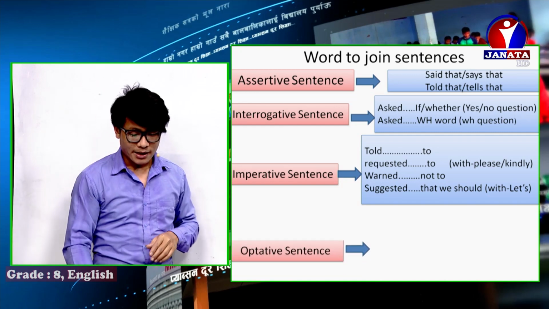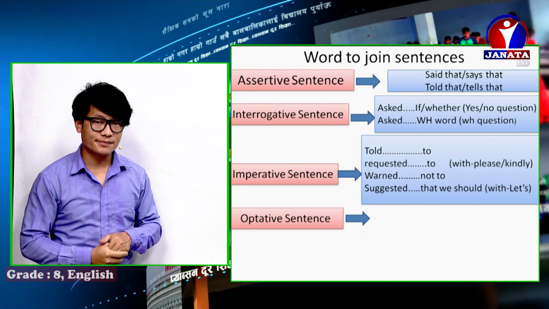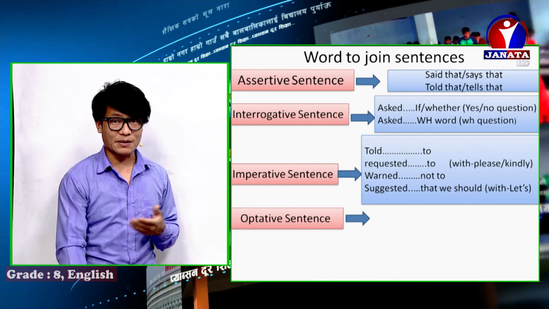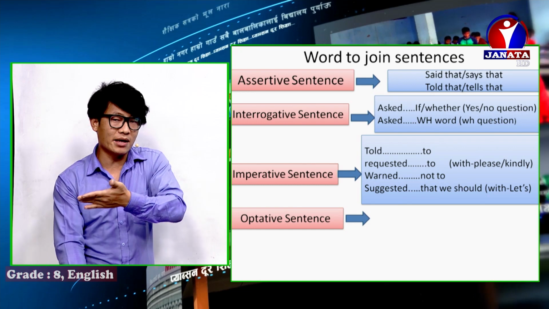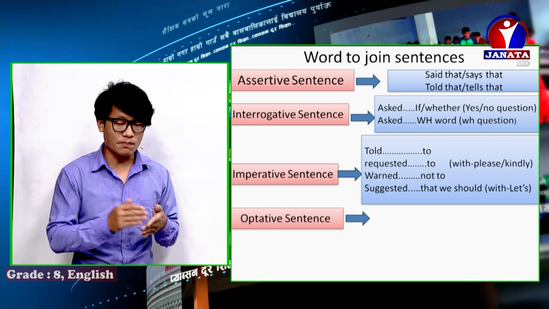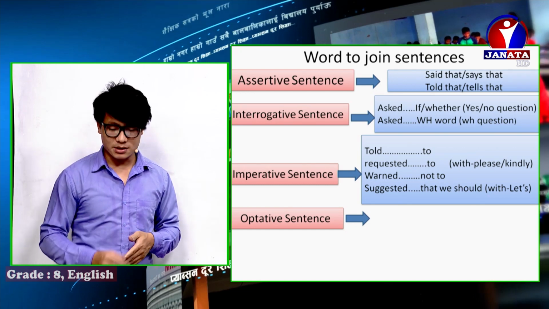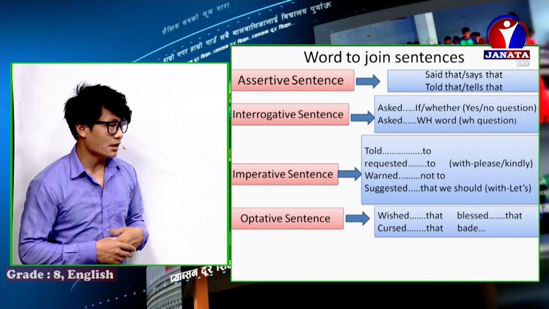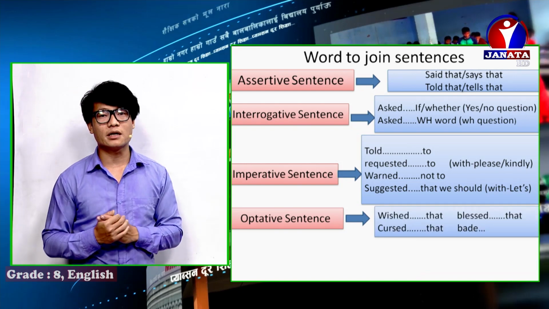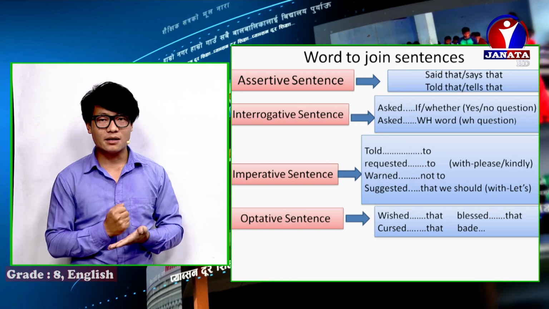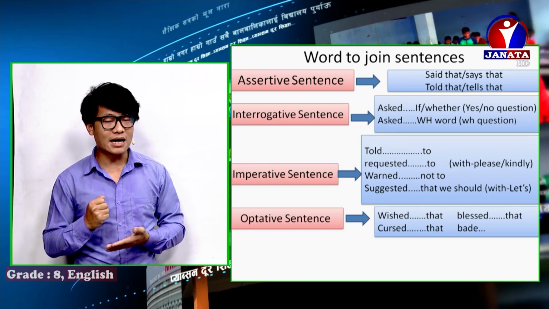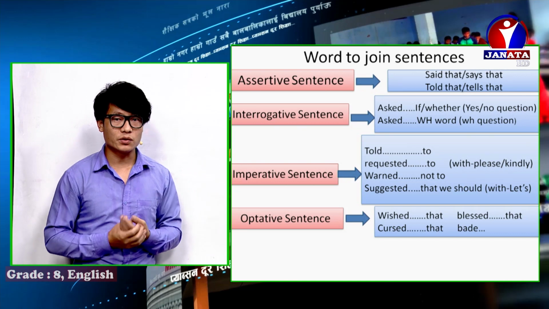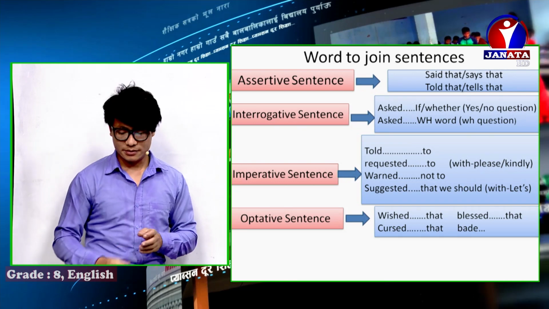Okay, next, optative sentence, the sentence which starts with the word may and ends with an exclamation mark, which is also used to bless, wish and curse. So here we use wished that, blessed that, cursed that, and prayed also. We will practice, don't worry.